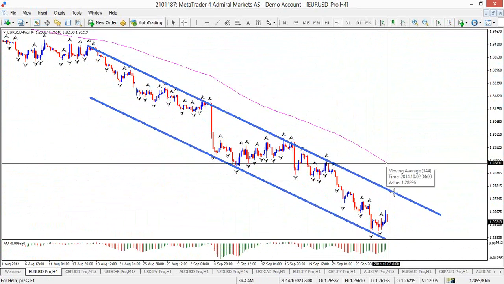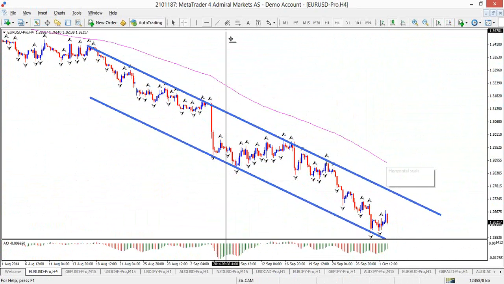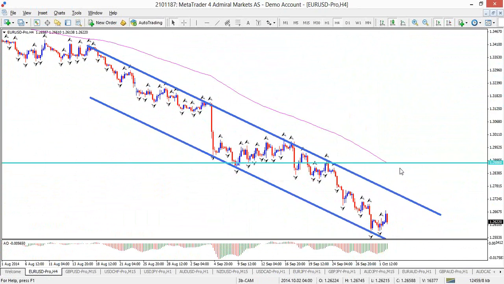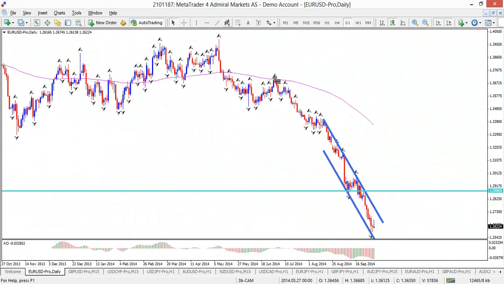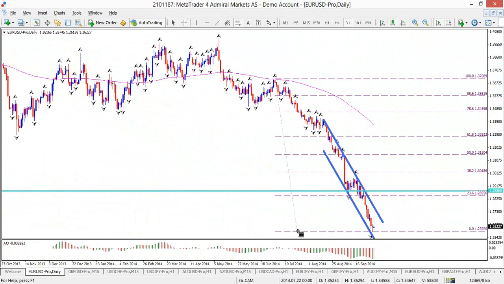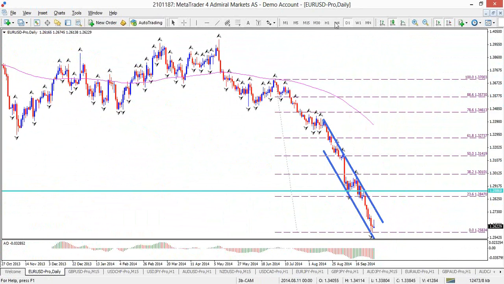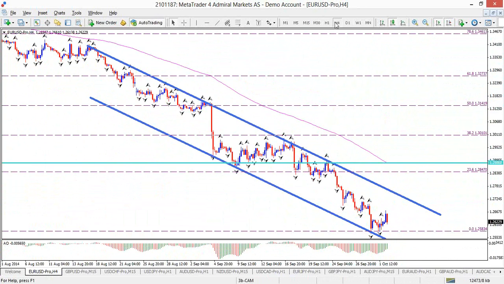So that's how far it could go. Let's put a line there. What else is there? Let's take a look at the daily chart. What else is at that spot? A 23.6 fib as well. So price could retrace up to the 23.6, for instance, max to 38.2 probably.